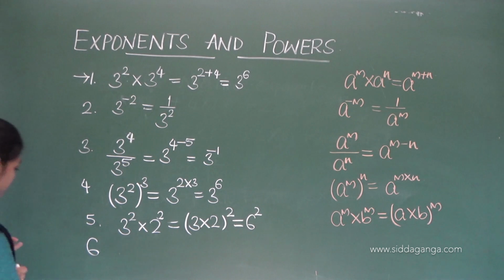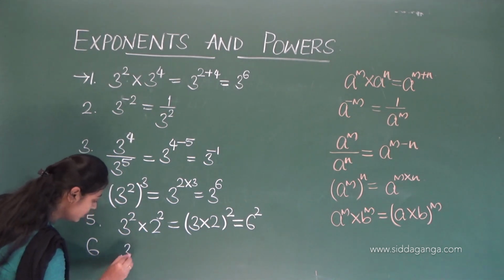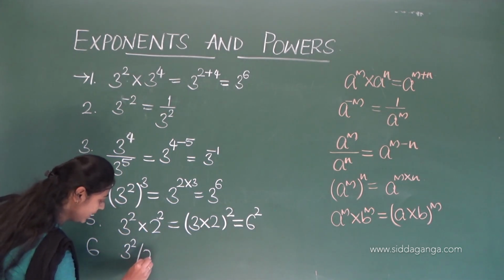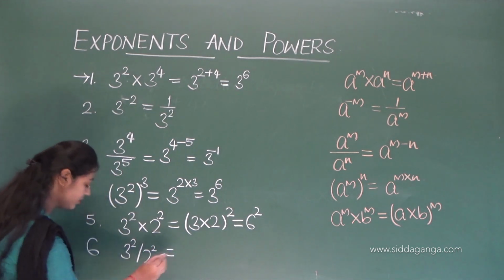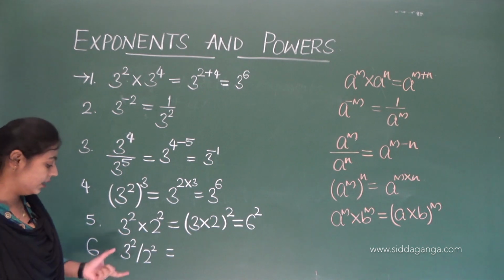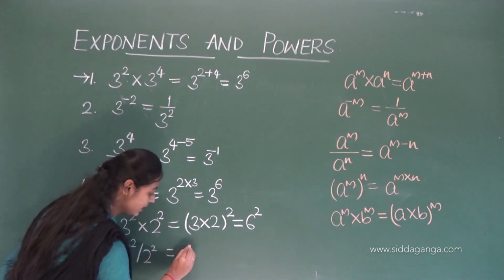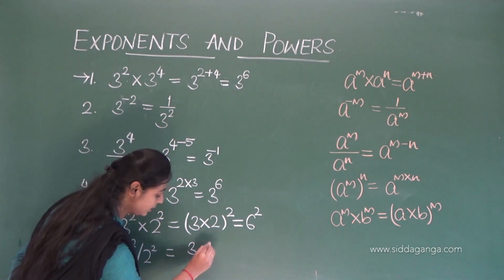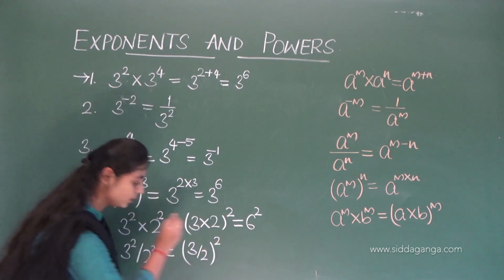Next, 3 square divided by 2 square is equal to... When the bases are different and the exponents are similar, with division, we can write 3 divided by 2 whole to the power of 2.